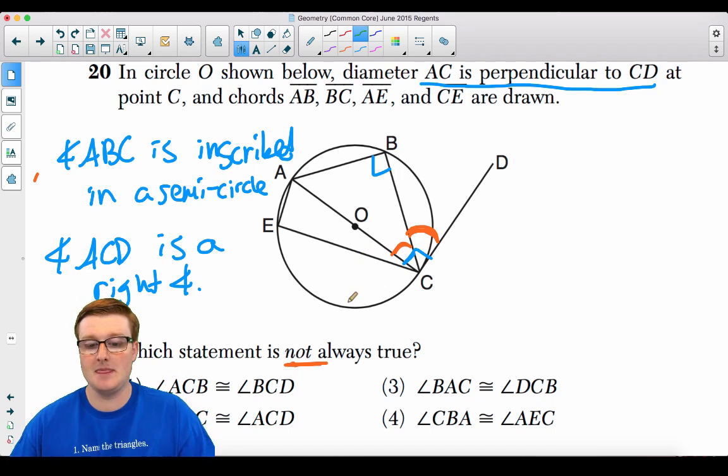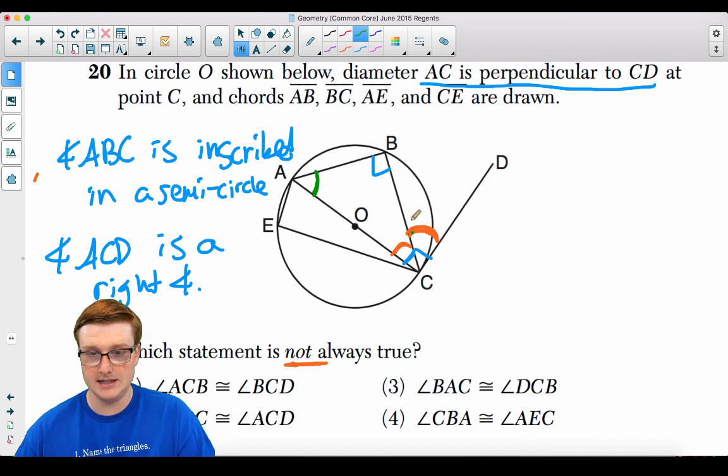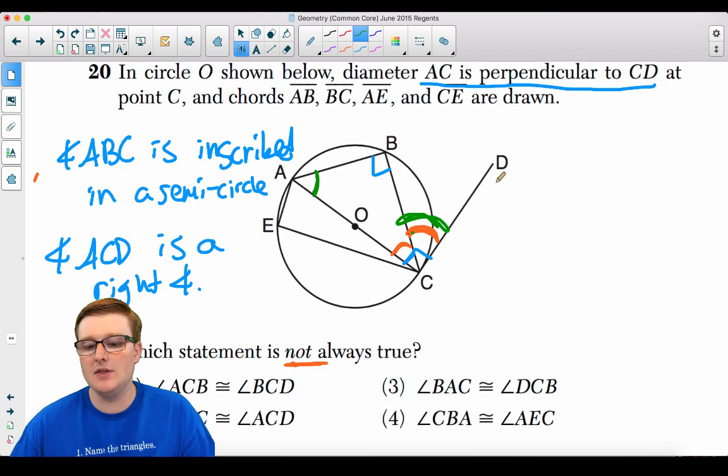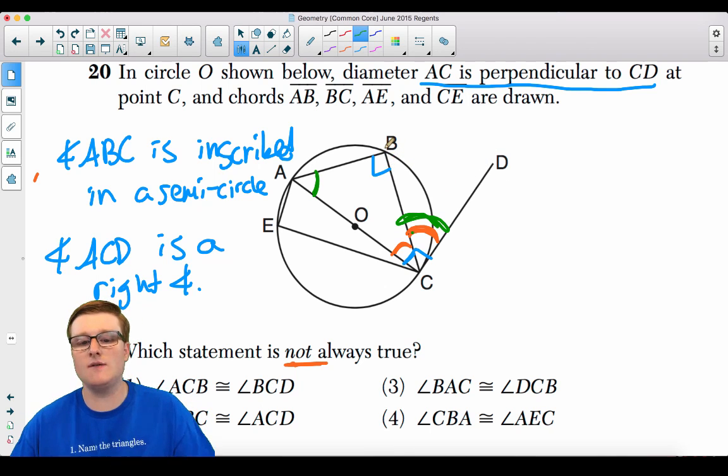Number 3, the measure of angle BAC is congruent to the measure of angle DCB. So that's right here. The measure of angle BAC is inscribed. The measure of angle DCB is the property of a chord and tangent intersection.